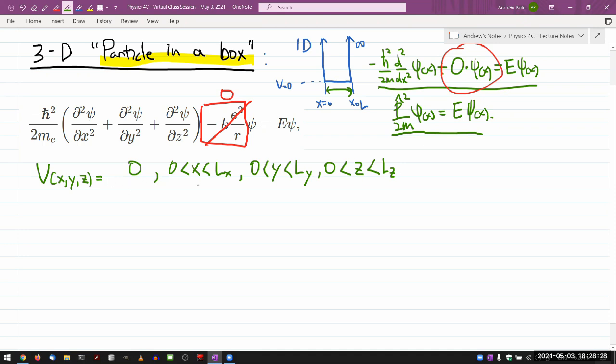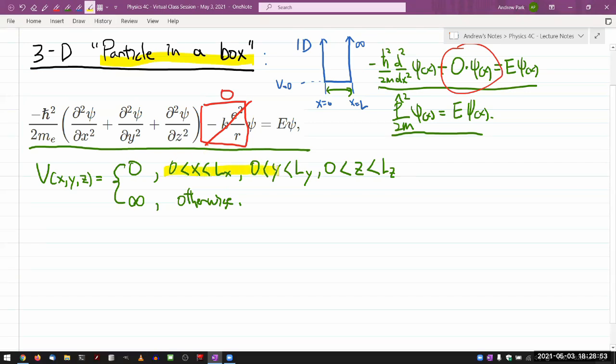So it's 0 within this box, within this cube of a certain size. And outside of that box, let's say my potential goes to infinity otherwise. So this equation I have written down really applies only within this finite region. That'll make it easier for us to handle. Kind of similar to 1D particle in a box. I hope a lot of this begins to sound familiar.